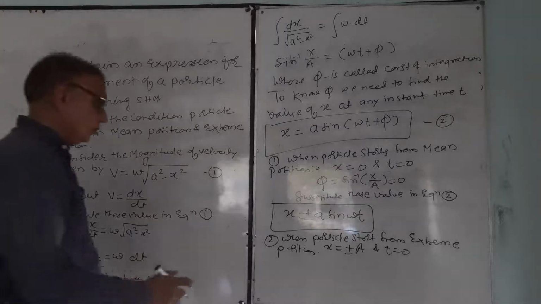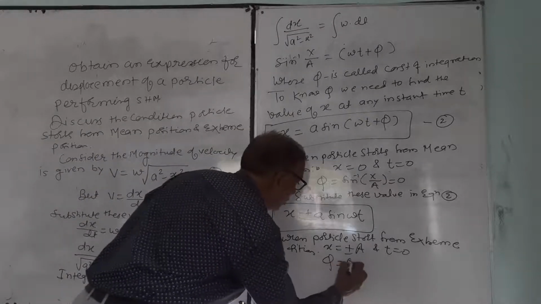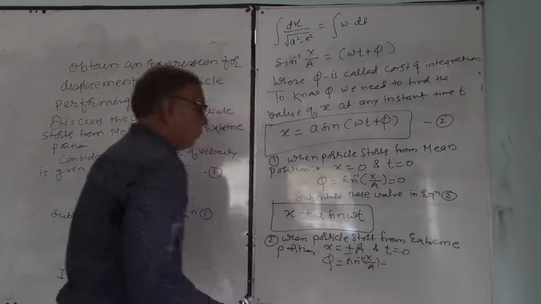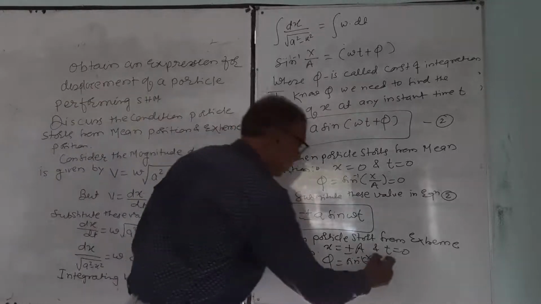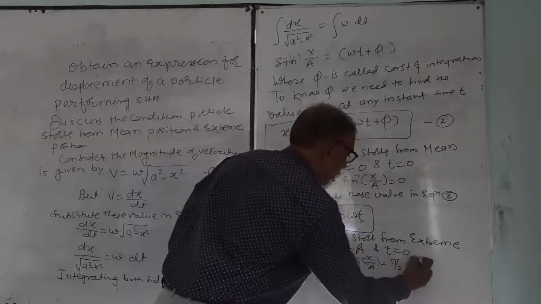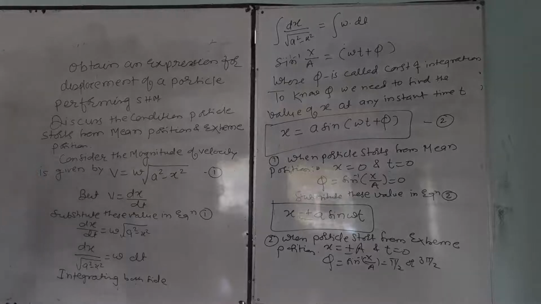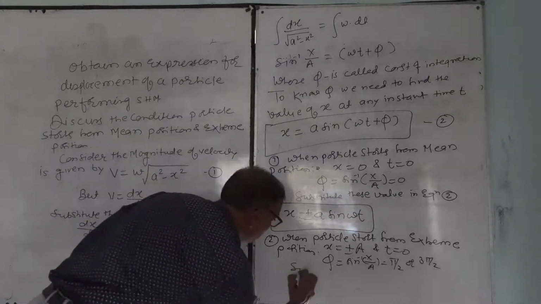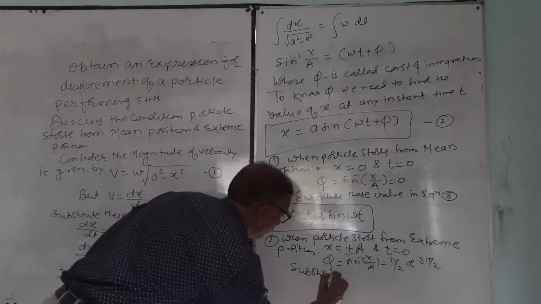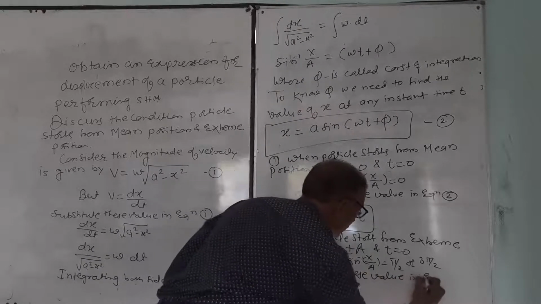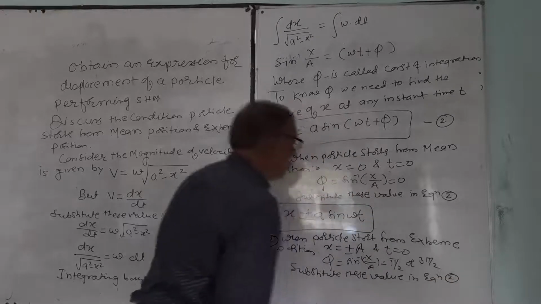Therefore, phi is equal to sin inverse x upon a is equal to pi by 2 or 3 pi by 2. Substitute this value in equation 2.